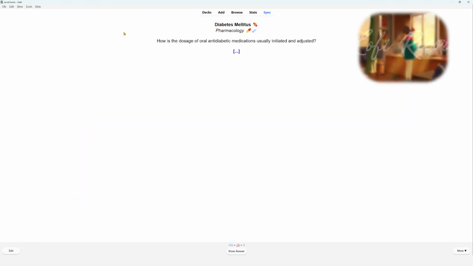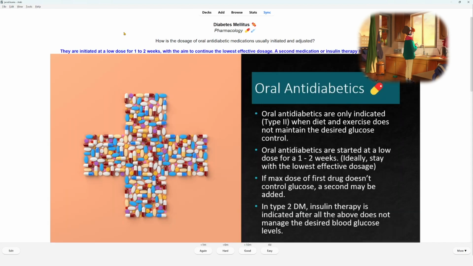All right. How is the dosage of oral anti-diabetics usually initiated? So we're going to start off low dose, 1 to 2 weeks, and then lowest effective dose used, and then may have to add another oral anti-diabetic or insulin therapy may be needed.